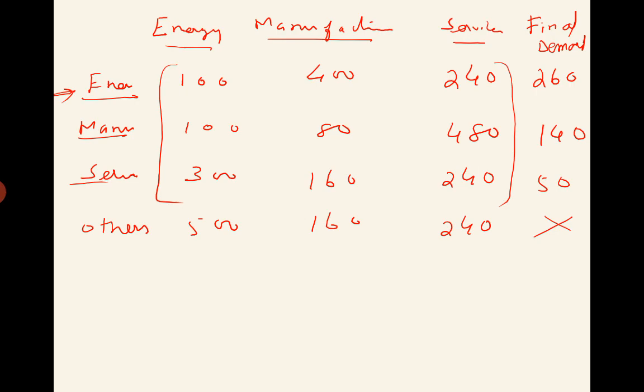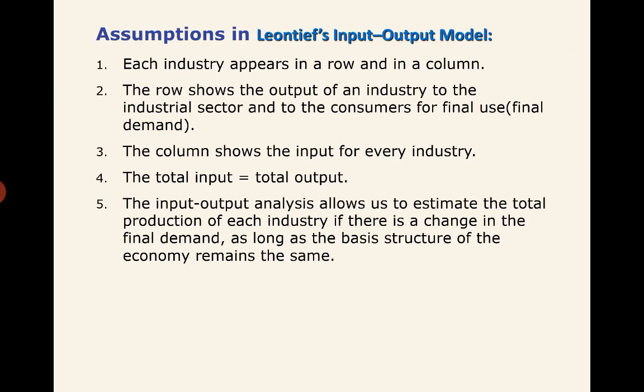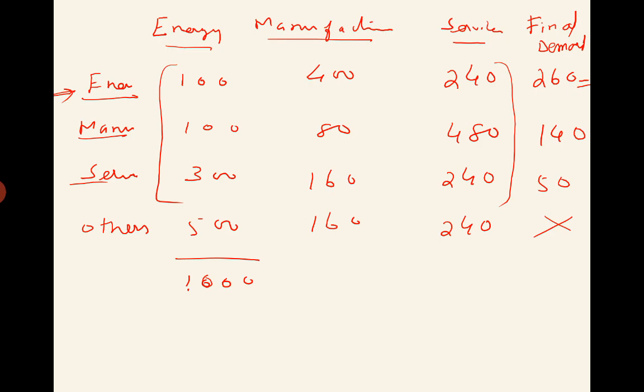When you add all four elements in the row, 500, 900, 1000, the first row total and the first column total are the same, 1000. What does it mean? The total output of the energy sector is 1000, which has been shared as given here.